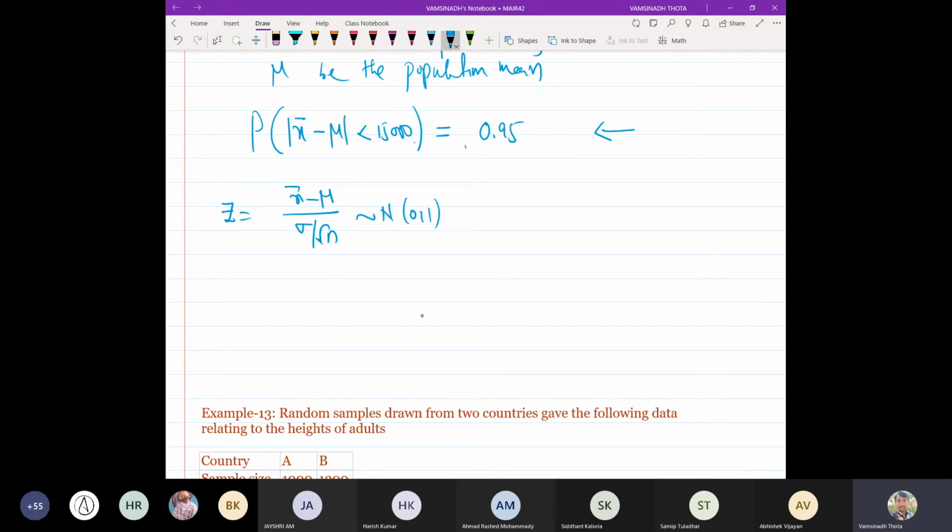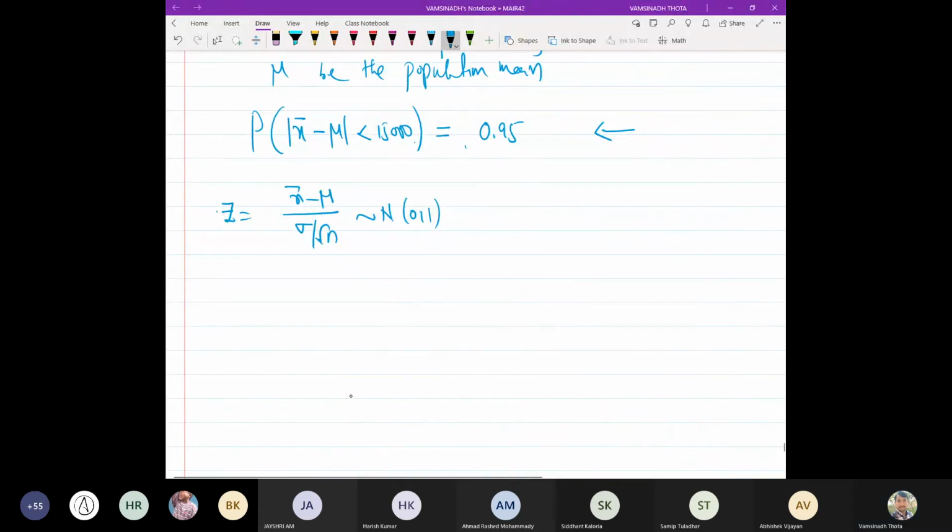So now you look at this one. Based on this one, let me make some gap here. With this available data, we need to evaluate this one.